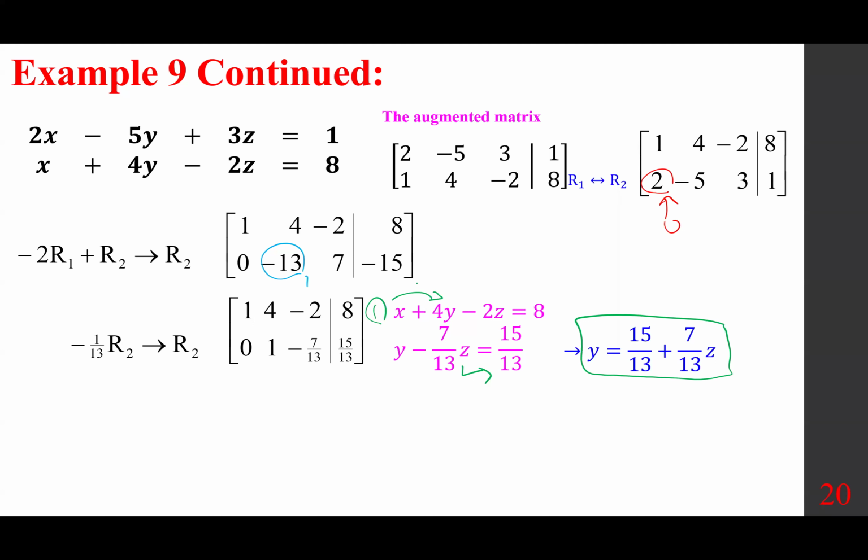So we're going to use x plus 4y minus 2z equals 8, everybody. We are going to keep the x, plus 4 times, we're going to replace the y, minus 2z equals 8. So replace the y with this. We are going to multiply this by 4. We get 60 over 13, 4 times 7, 28 over 13z minus 2z equals 8.